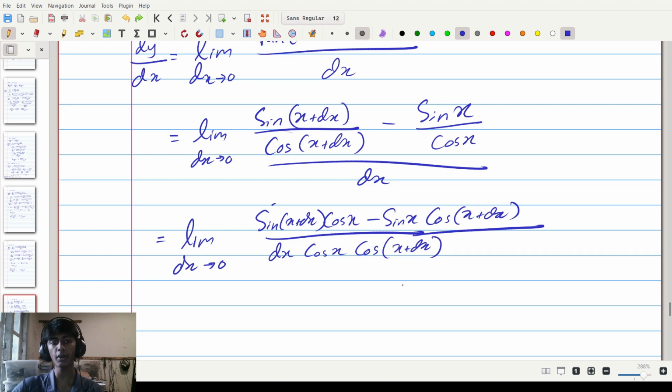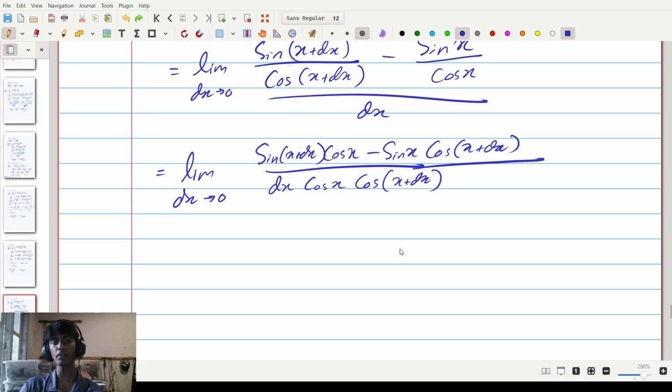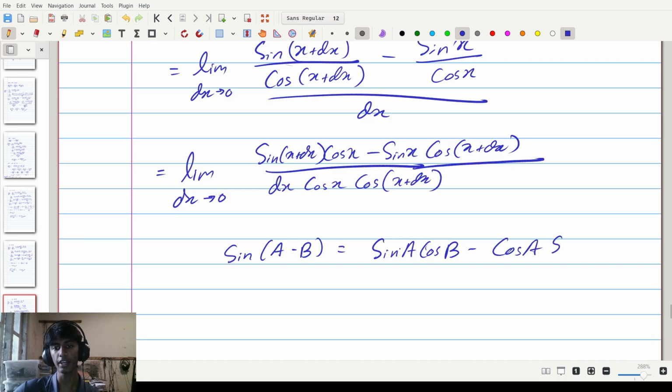On the numerator we have sine of x plus dx cosine of x minus sine of x cosine of x plus dx. Now you might be seeing a difference of angles here. Recall that the sine of a minus b was sine a cos b minus cos a sine b.